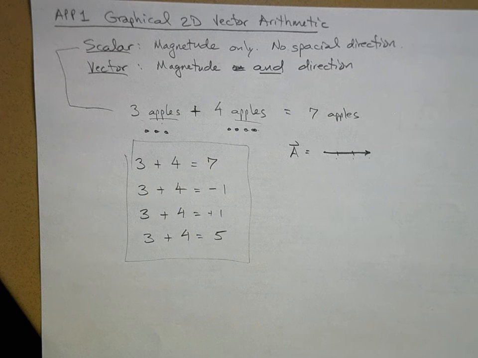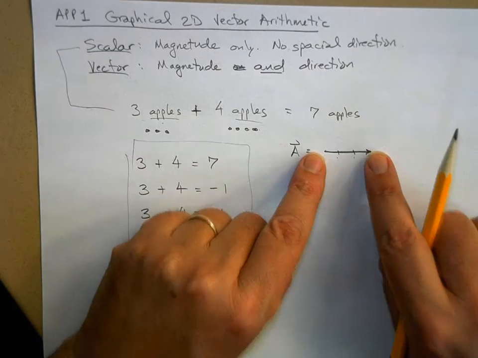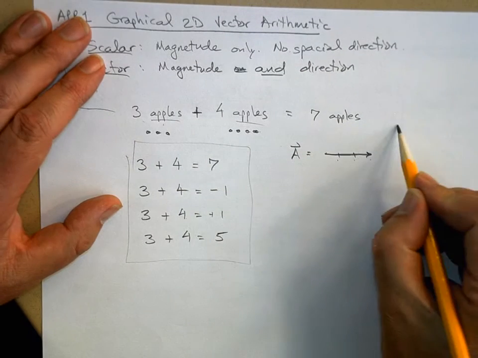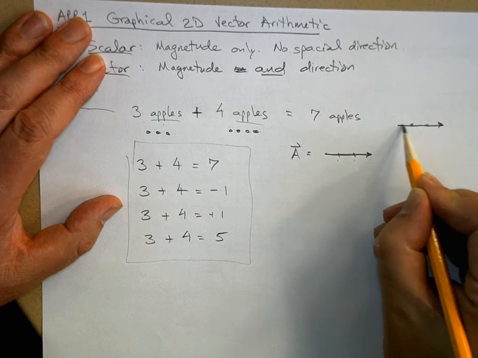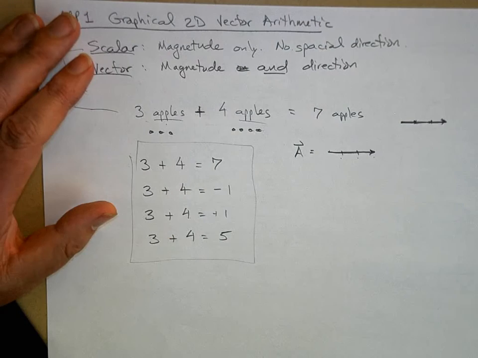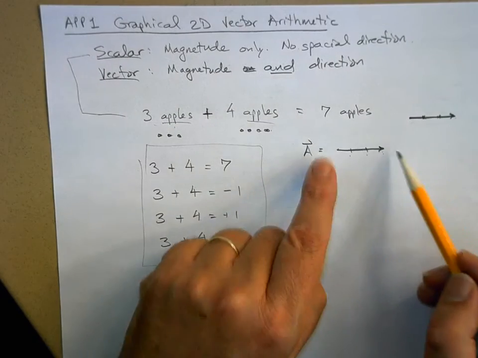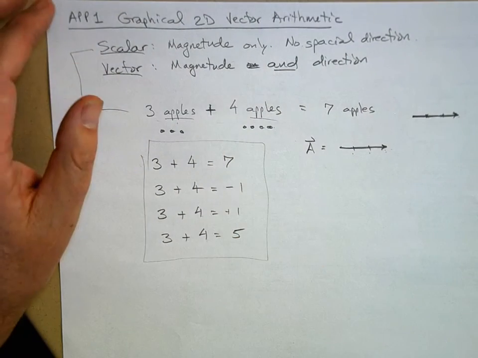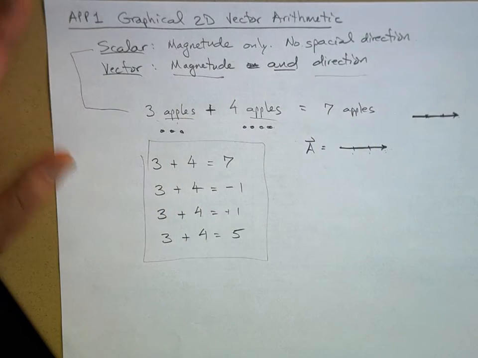By the way, when are two vectors equal to each other? If I pick this vector up and put it somewhere else, with the same length and the same direction, these two vectors might look different, but they're not. We define a vector as having a magnitude and a direction.